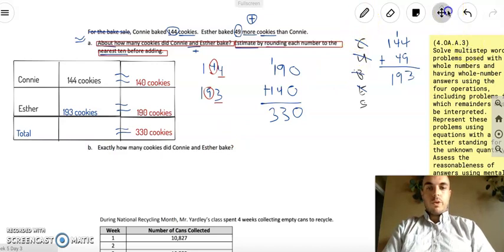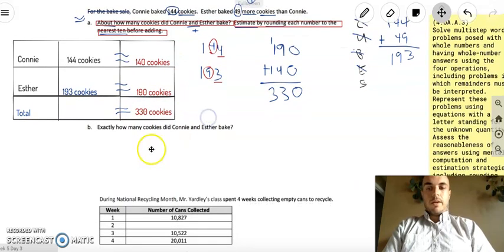So we've answered for this part, A, but now let's look at B. They want to know now exactly how many cookies that Connie and Esther baked. So I'm adding again here. There we go. Okay, so now I'm going to add these exact numbers.